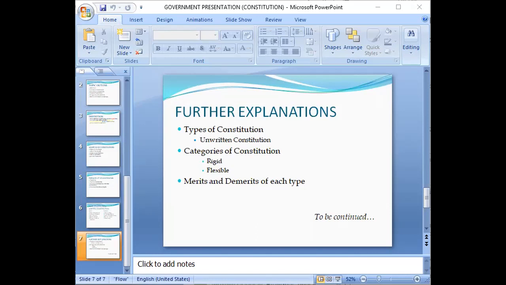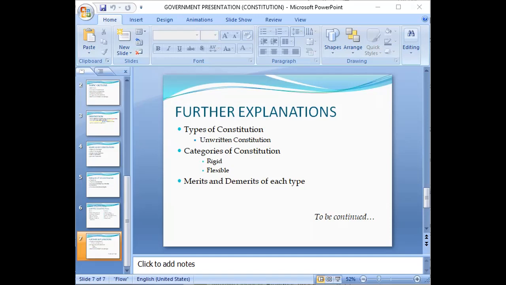Another demerit is that it is not easily known. Unlike a written constitution where citizens can know their laws and rights, you can't easily know them in a country practicing an unwritten constitution because it is not in a single document. So for the smart guys, take it that the merit of written is likely going to be the demerit of unwritten.